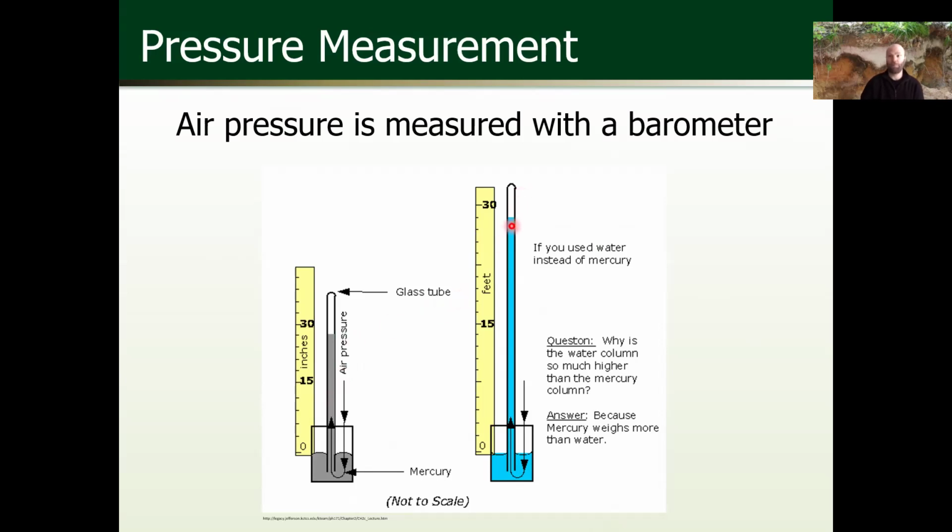The same thing happens to water. Air is weighing down on water, and if you then allowed it to equilibrate within a column, you can measure that height of water as a displacement. They're not the same because mercury is a denser fluid, but they're both being affected.